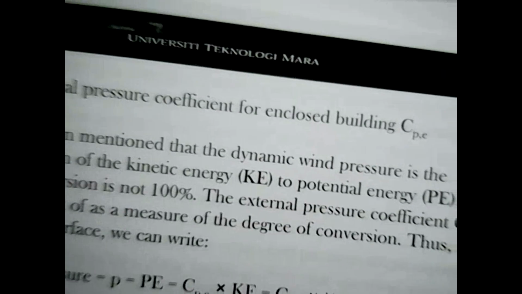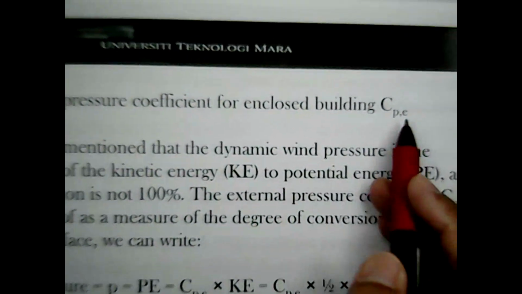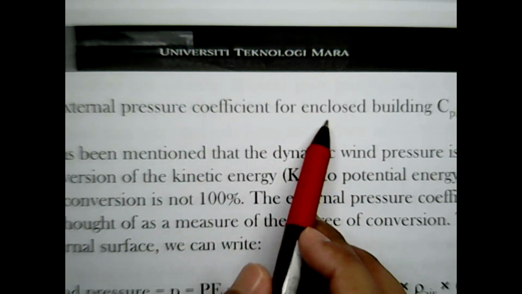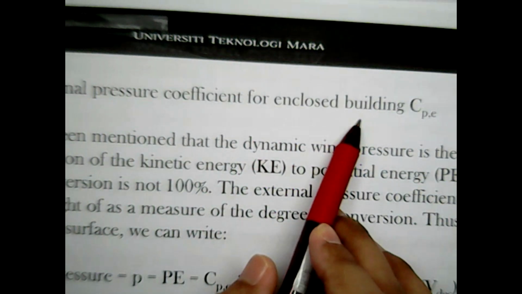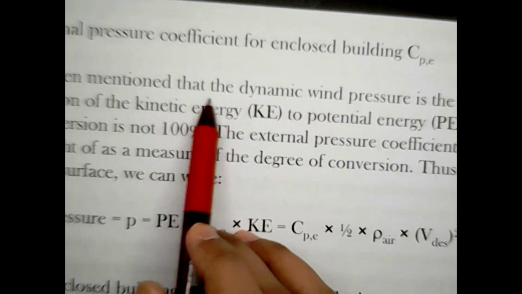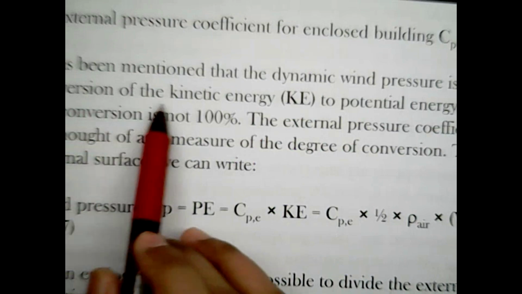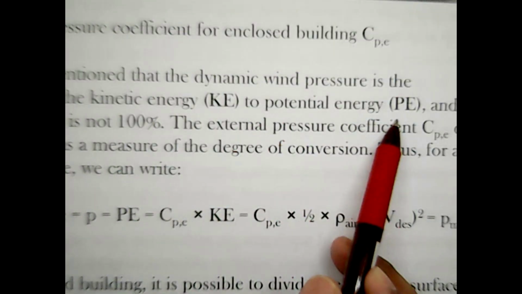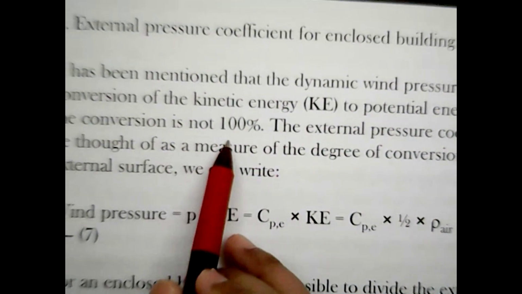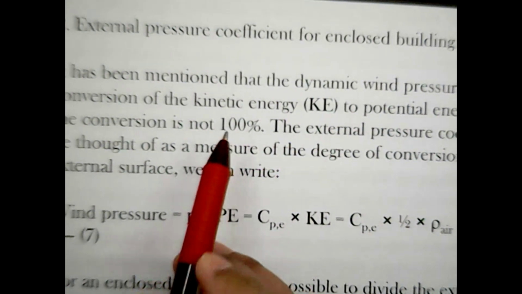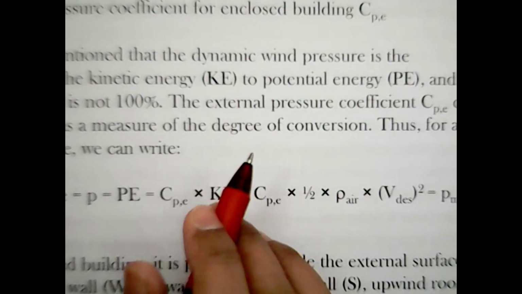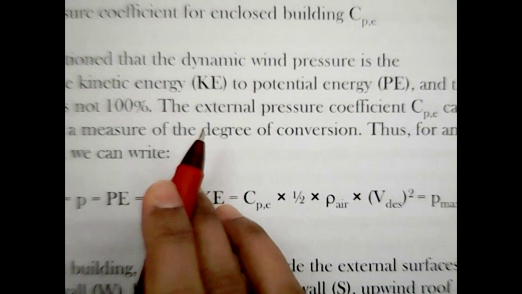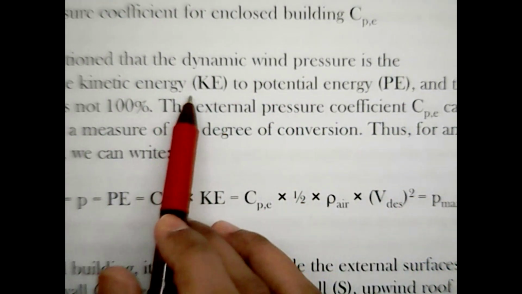Just to recall from our notes, CPE is the external pressure coefficient for an enclosed building. In the dynamic wind pressure, the kinetic energy is converted to potential energy, and the conversion is not 100%. As we know, when a wind load is acting on a structure, the wind pressure will not convert 100% of the kinetic energy.